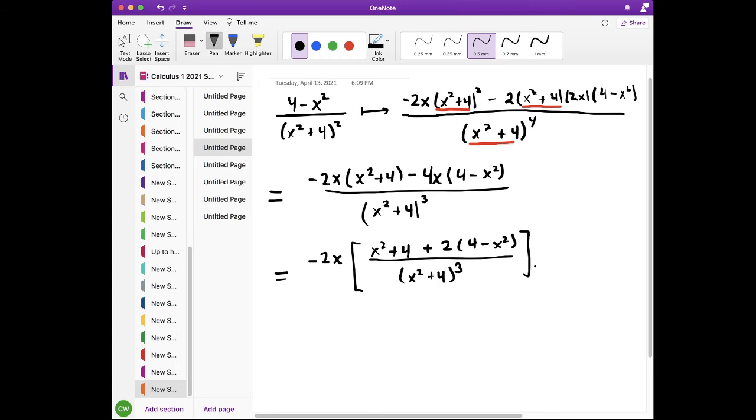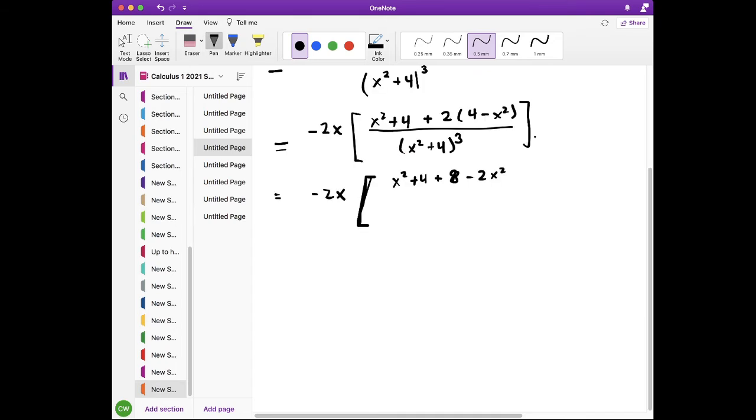Okay, so now there's not much I have to distribute. I have (x squared + 4) + 8 - 2x squared over (x squared + 4) cubed.